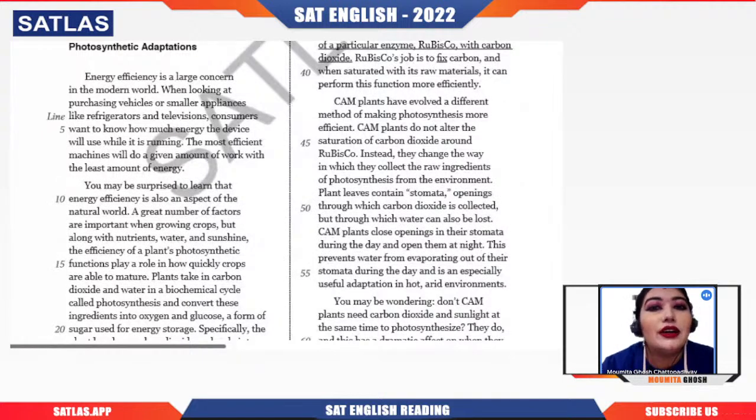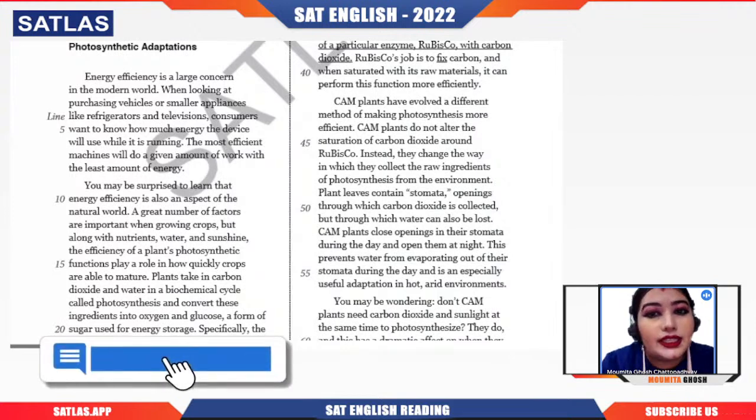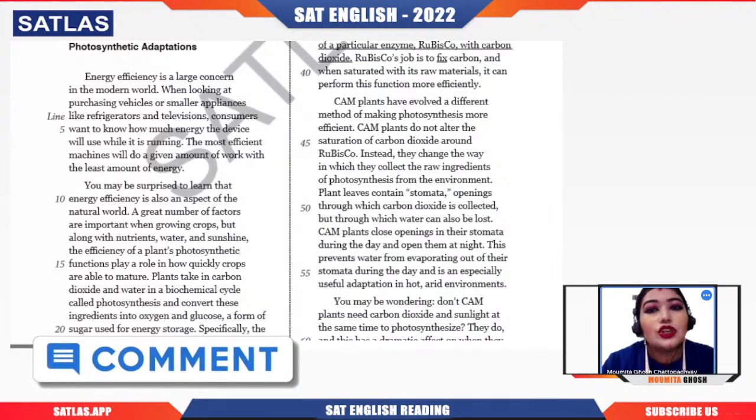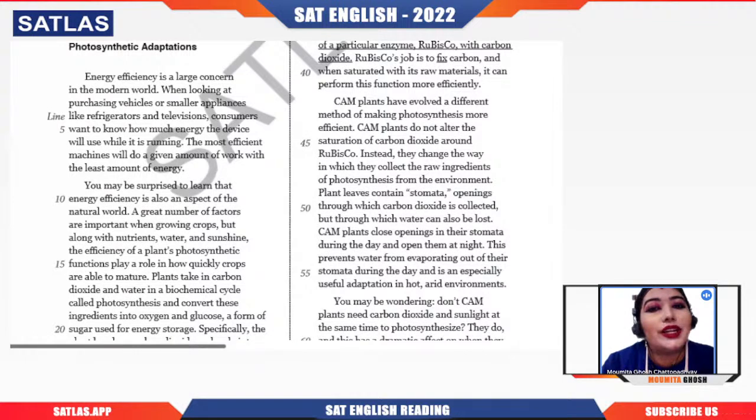If you keep something in your deep fridge, the energy consumption is much higher.